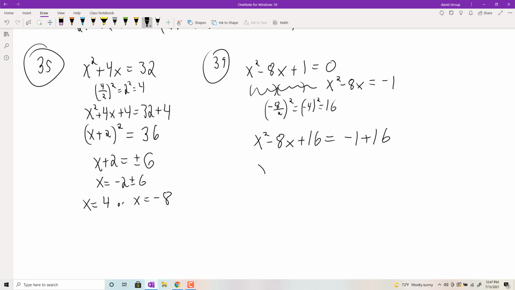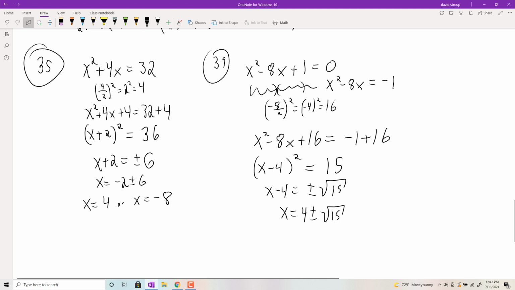Then I'm going to factor here. So I have x minus 4 times x minus 4. On the other side, I got 15. Okay. Square root property says x minus 4 is plus or minus root 15. And then finally, x must be 4 plus or minus the root 15.